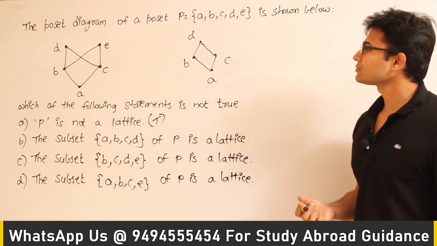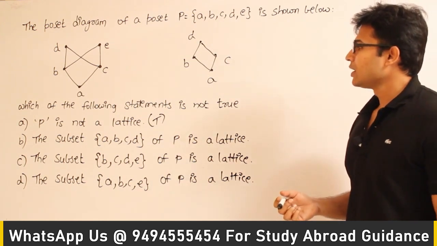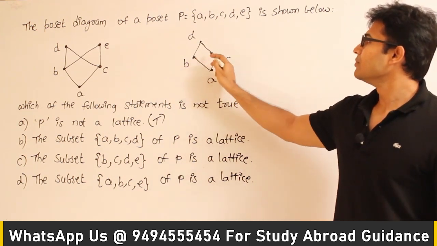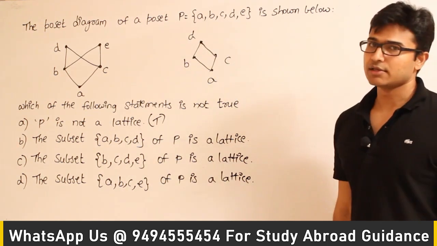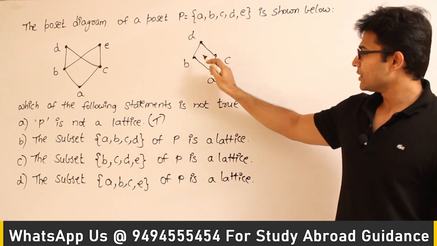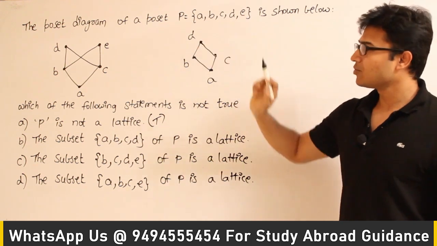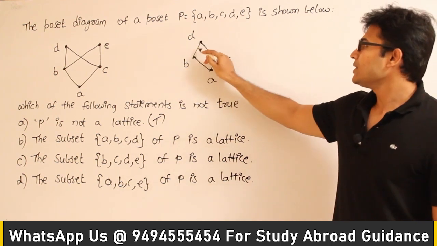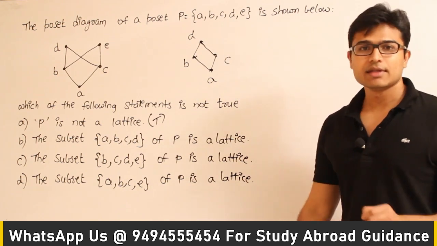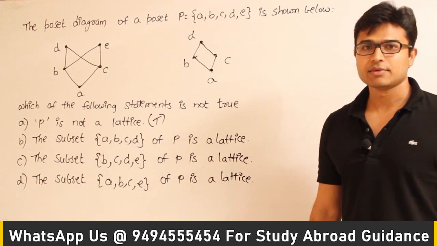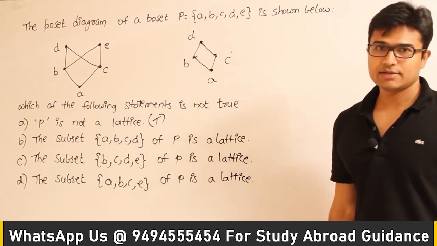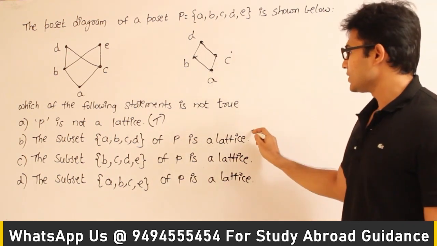Now take every pair of elements. If you take B and C, there is a greatest lower bound as well as a least upper bound existing. You take any pair of elements, you can see that both the greatest lower bound and least upper bound exist. Therefore, it is a lattice, right? So this one is true.